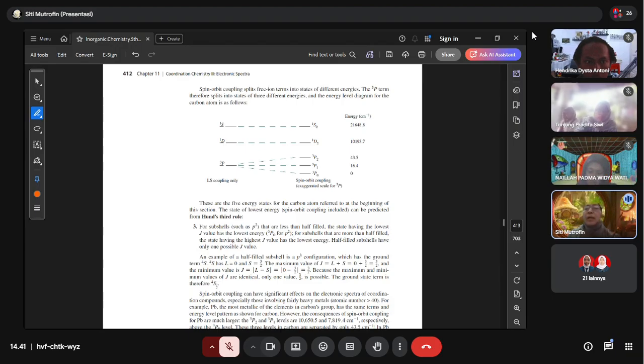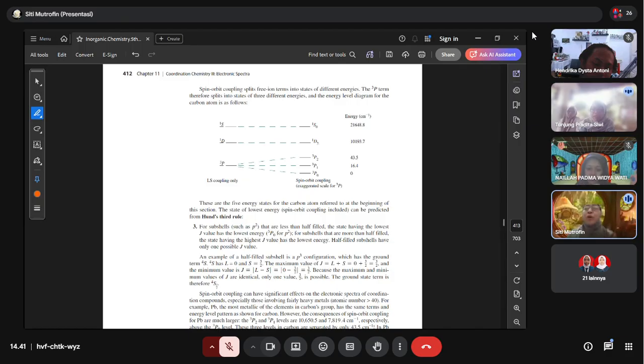Okay, so far I have a nice discussion with Tunjung. Tunjung, do you understand why the arrangement of the energy levels is like this? I think I understand the D and the S part, but I don't understand why the P is arranged on the lowest energy level.